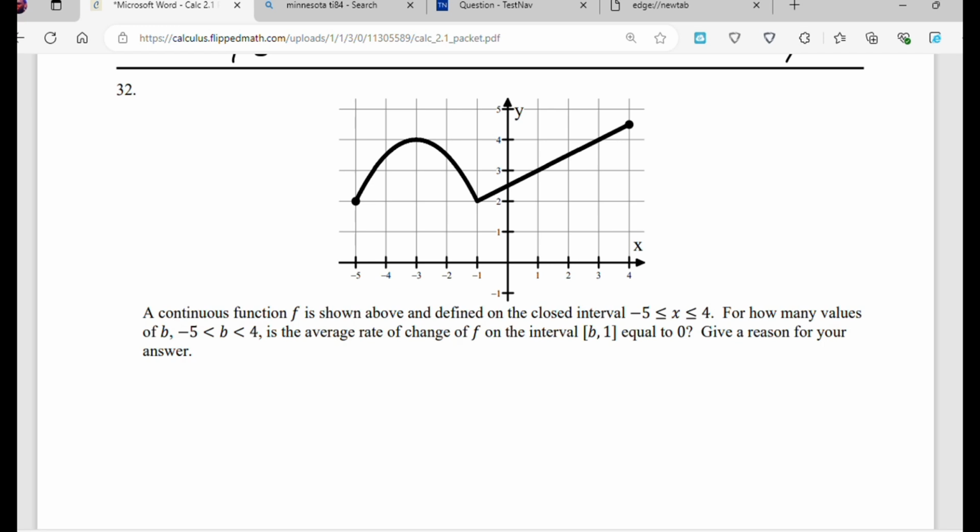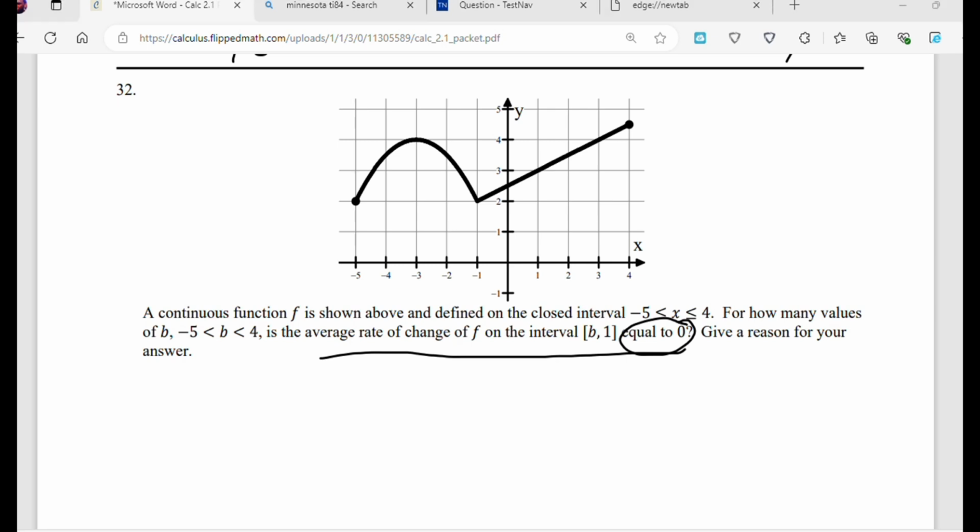All right. So where do we start here? Well, average rate of change equals 0. So that means that our y values are the same, right? In 2 points, our y values are going to be the same.